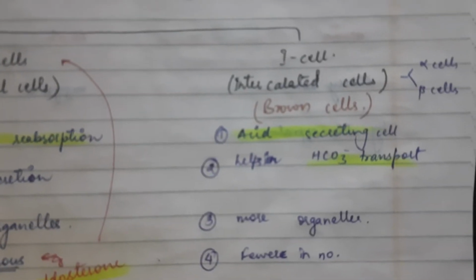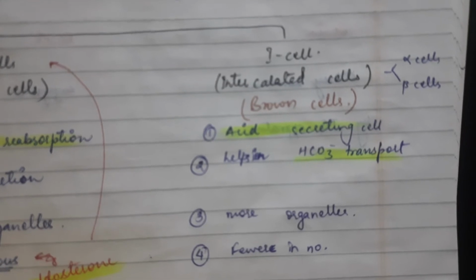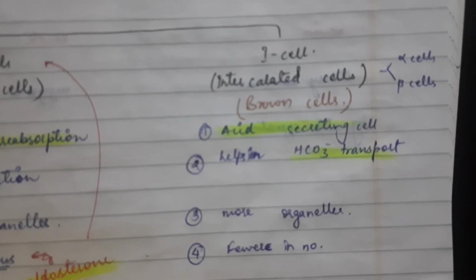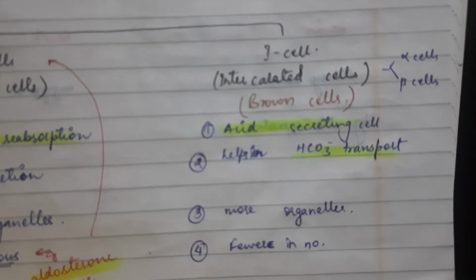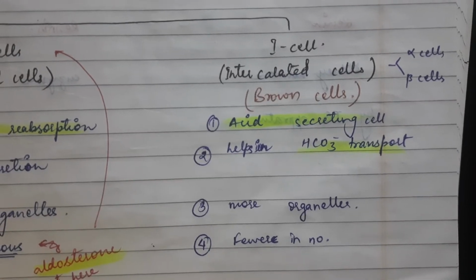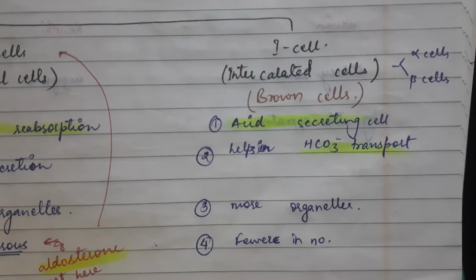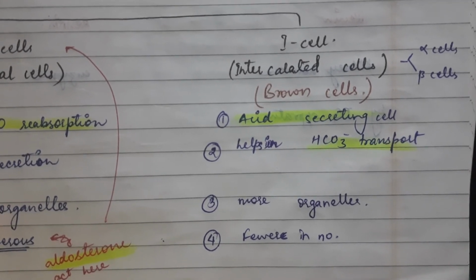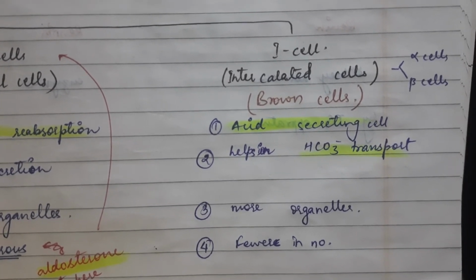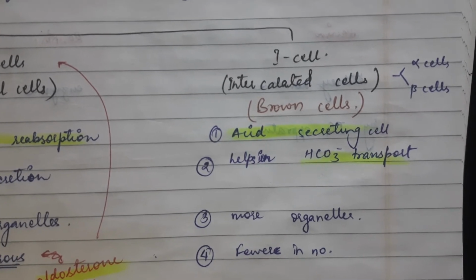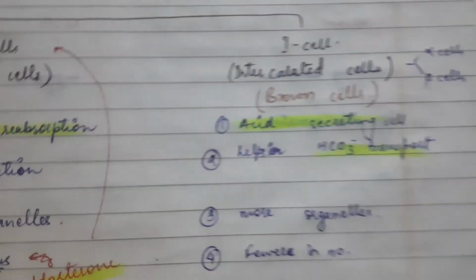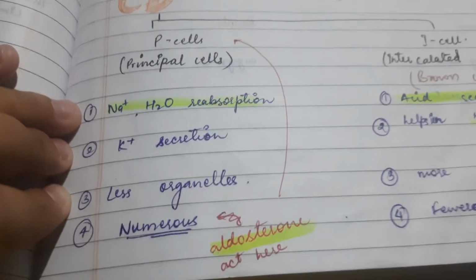And I cells, the intercalated cells, divided into alpha and beta cells, also called brown cells, are acid secreting cells and help in bicarbonate transport. More organelles are present here and fewer in number. P cells are more numerous and have fewer organelles.